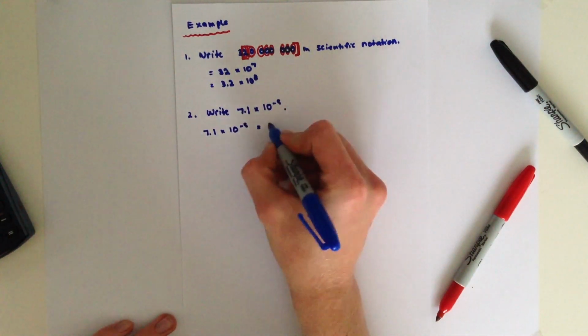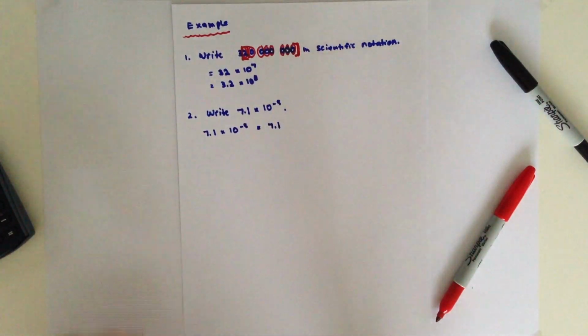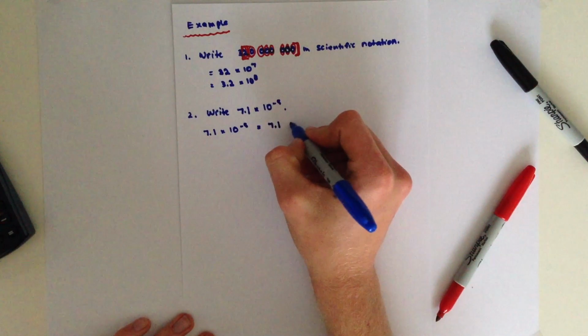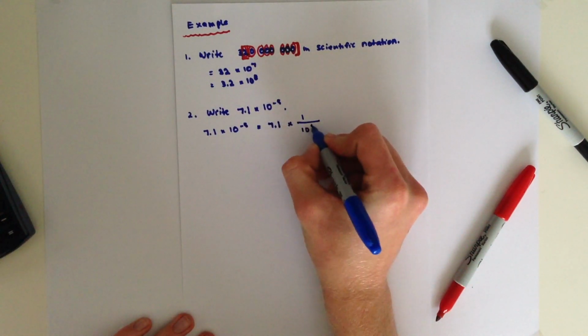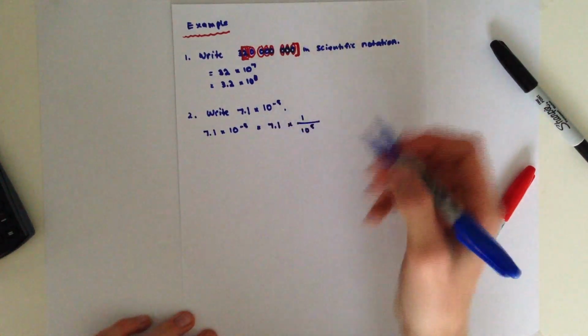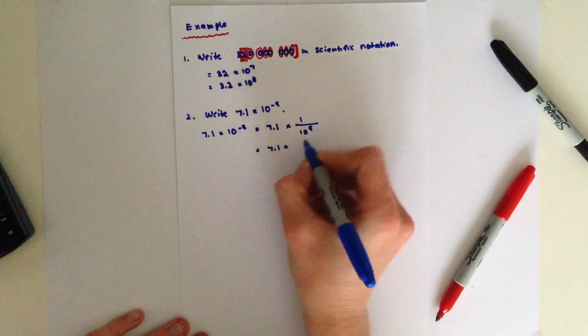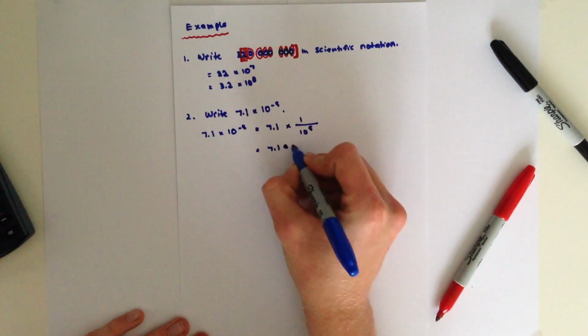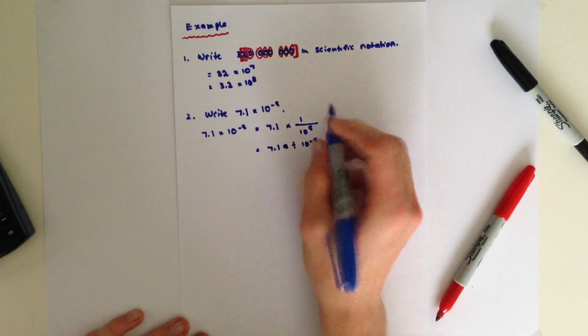Now, if you remember back in the index laws, this would be the equivalent of writing 7.1 times 1 on 10 to the power of 5, which is the same as writing 7.1 divided by 10 to the power of 5.